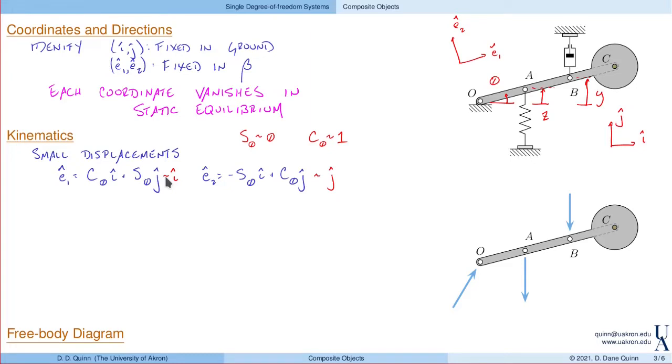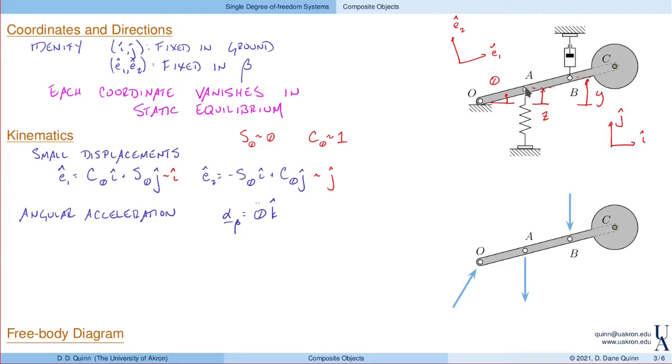Now, in terms of these coordinates, we can identify the angular acceleration of the bar as theta double dot in the K direction. Right, theta measures the rotation, so theta dot would be the angular velocity, and theta double dot is the angular acceleration. Now finally, I'd like to relate these different coordinates.